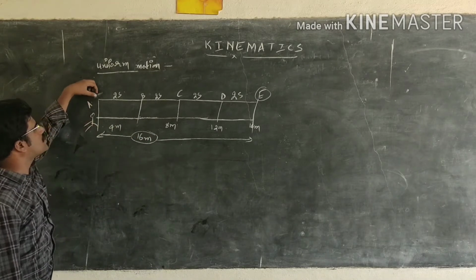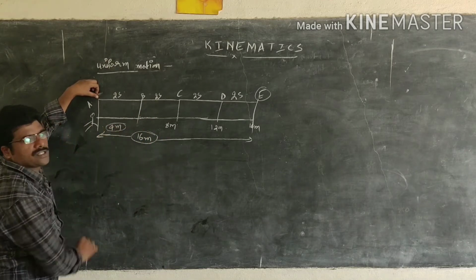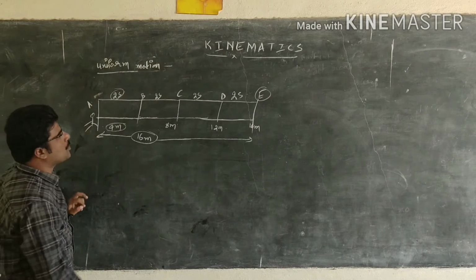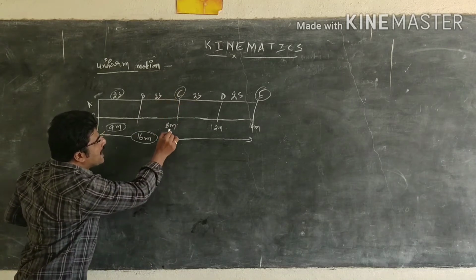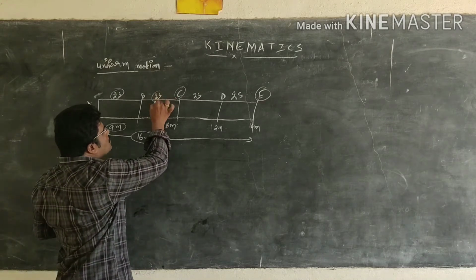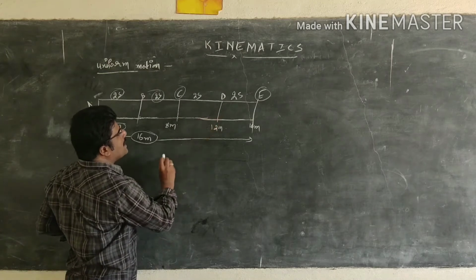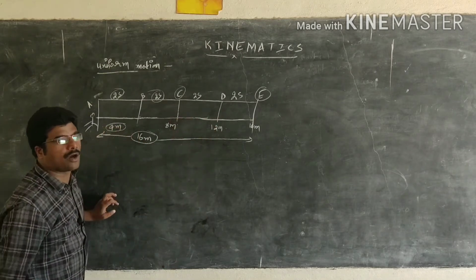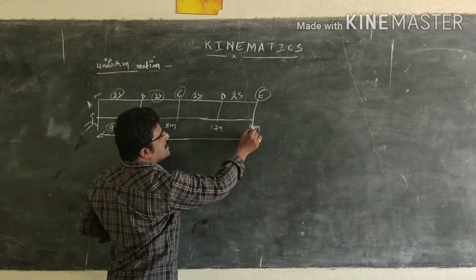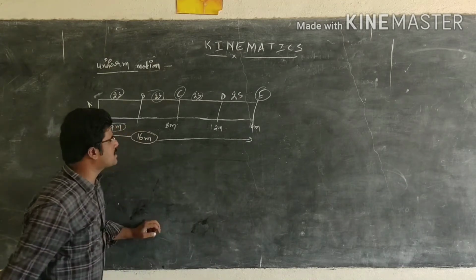Now, a person starts from A and reaches B, a distance of 4 meters from the origin, in 2 seconds. He reaches point C, a distance of 8 meters from the origin, in another 2 seconds. Then he reaches D, a distance of 12 meters from the origin, in another 2 seconds. And he reaches E, 16 meters from the origin, in another 2 seconds.